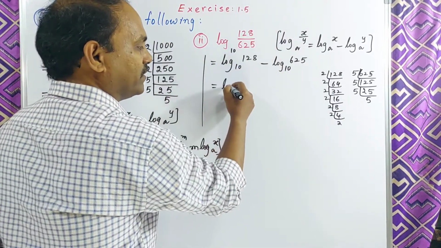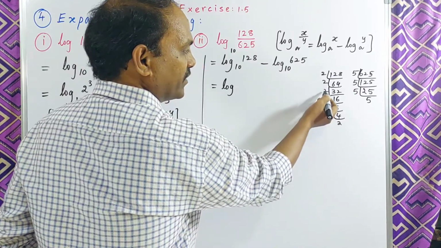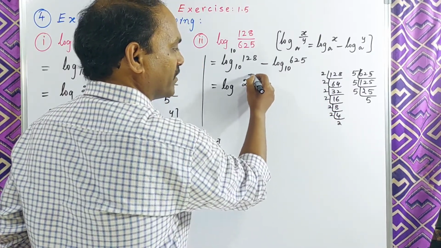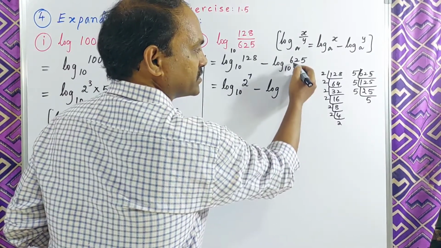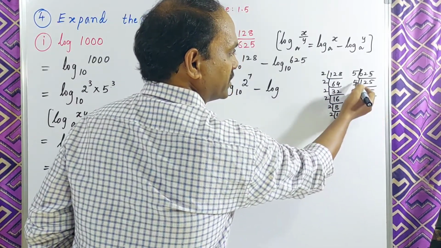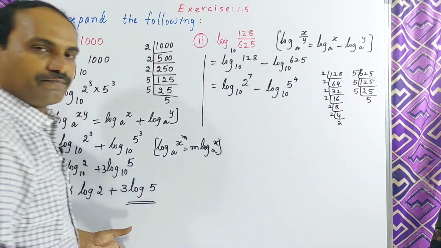How can we write this one? Log 2 power 7 to the base 10 minus log 625, which can be written as 5 power 4, to the base 10.